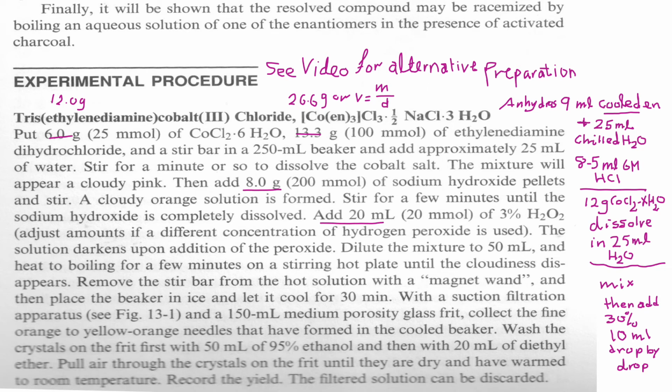Then you dissolve 12 grams cobalt chloride 6H2O in another beaker. You make sure that the cobalt chloride dissolves and the solution is clear, and you mix.